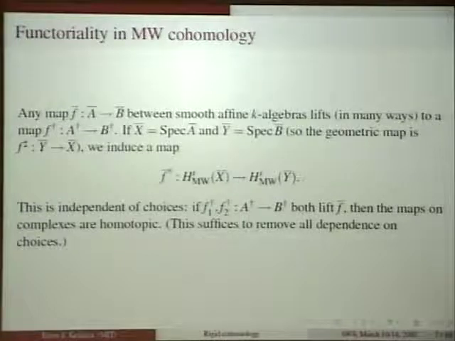So you can use this not only to get functoriality between different things, but to actually identify two different constructions that are supposed to correspond to the same scheme. So you can canonically identify the cohomologies of two different versions of A dagger for the same A bar, even though there's not a canonical isomorphism of the rings.